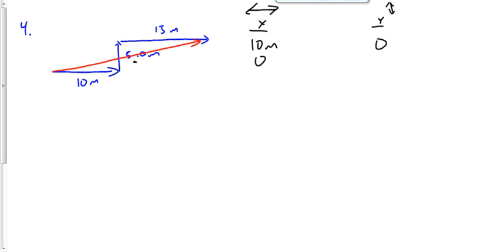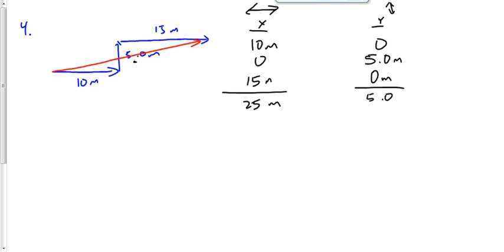Good. How much of that 15 meters, Zach, is on the x-axis? Good. And how much of that 15 meters, who haven't I called on? Taylor, how much of that 15 meters is on the y-axis? Good. Let's add these up. 10 plus 15 is 25, and 0 plus 5 plus 0 is 5 meters.